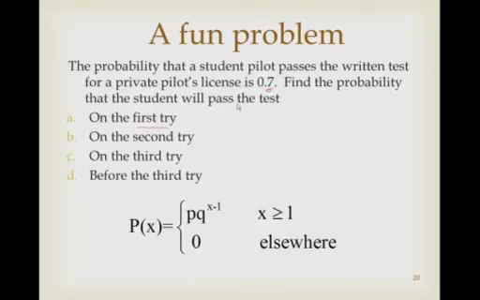Now remember, they may pass on the second try, the third try, but basically you are looking for a pass. It's kind of like saying, I'm going to flip coins until I get a head. So I get a tail, a tail, a tail, and then I get a head. Oh, I'm getting a success. This problem is very much like that.